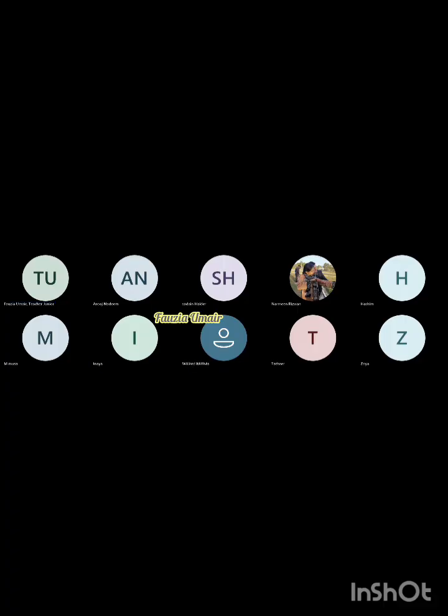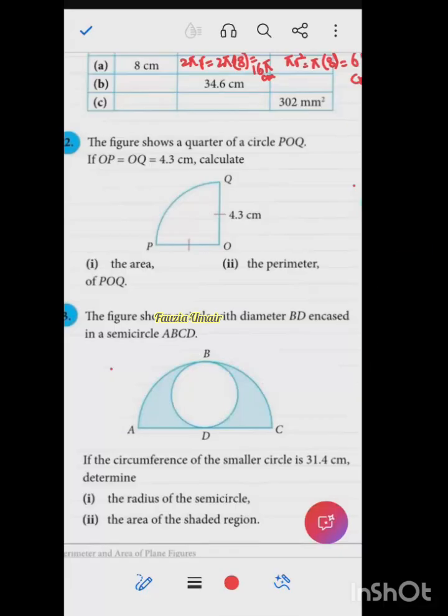All right, so we are going to start with question 2. It is saying OP is the same as OQ, or if they do not mention this, when they say it's a quad of a circle, or a quarter of a circle, we know that both are radii of that circle.